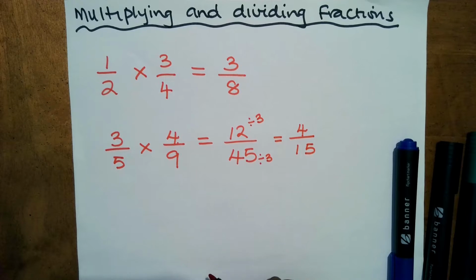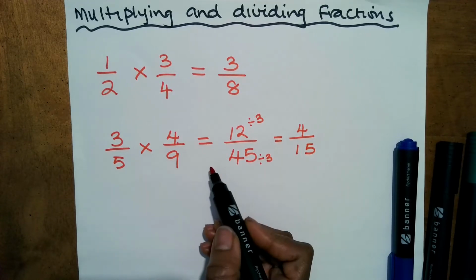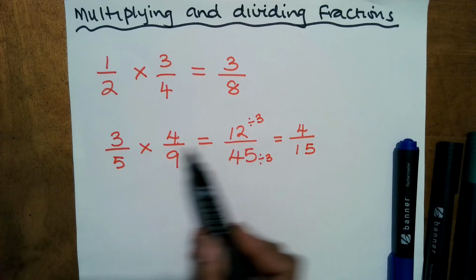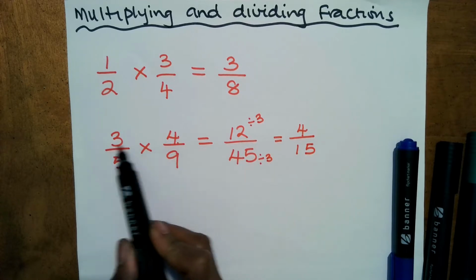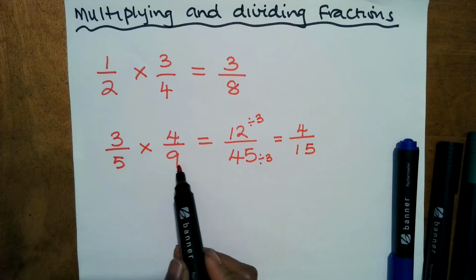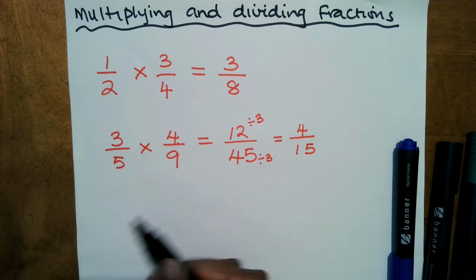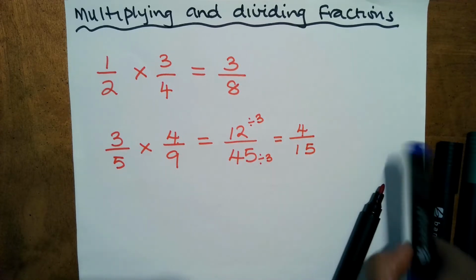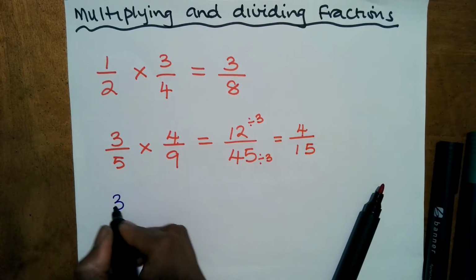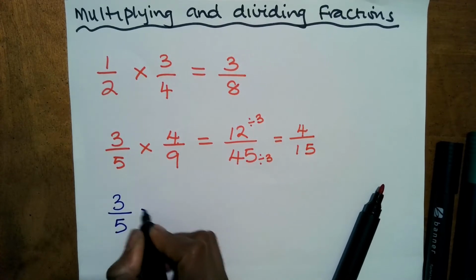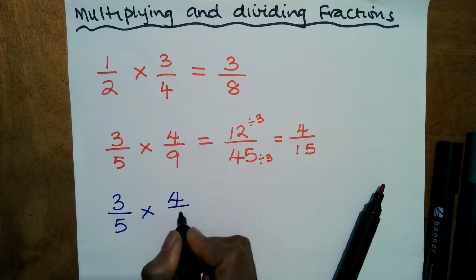There's another way of doing this multiplying fractions without having to multiply the numerators and the denominators first. So if I write this down again, 3 over 5 multiplied by 4 over 9.